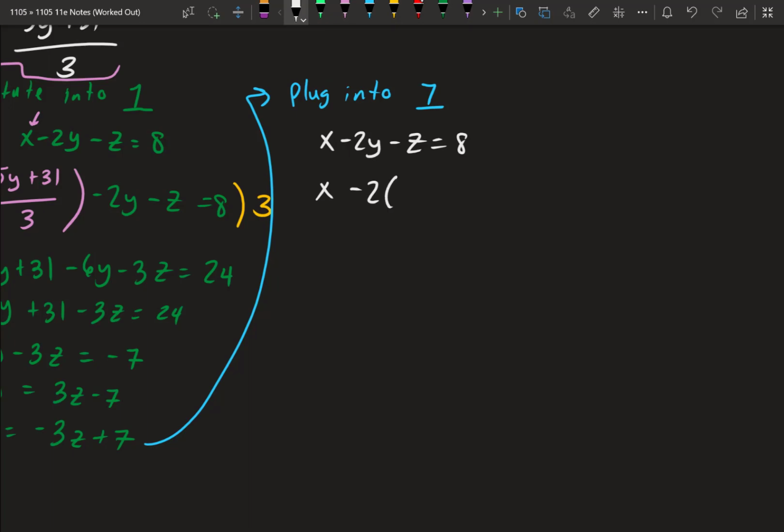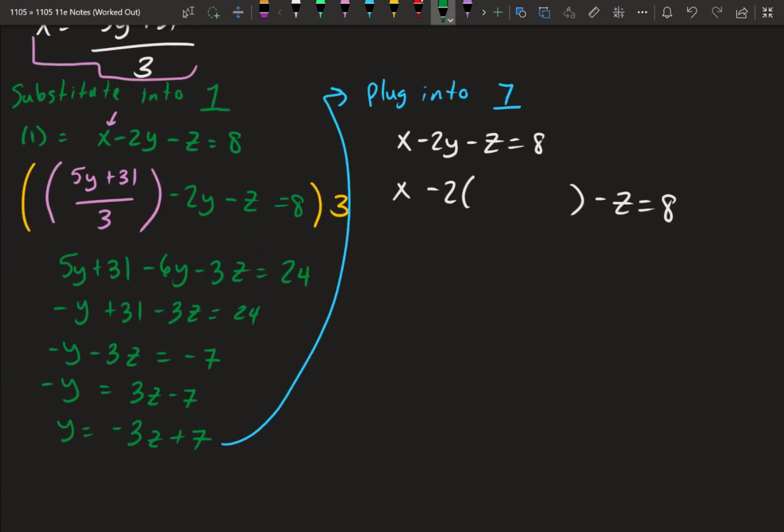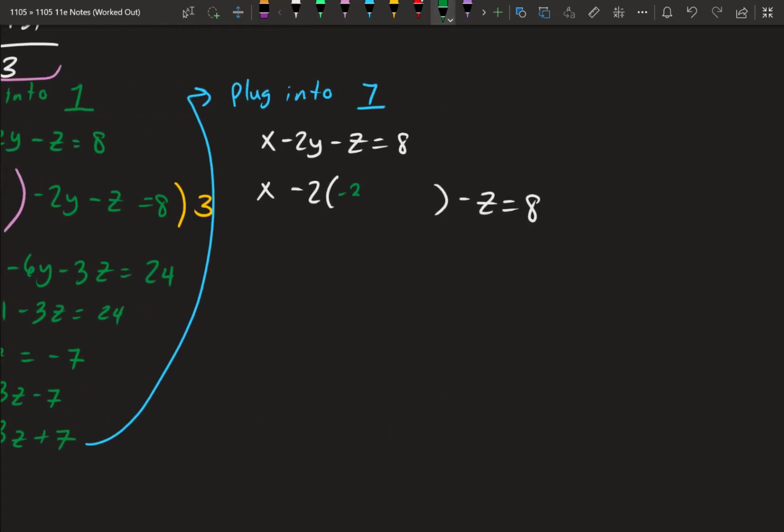And the y we just found was negative 3z plus 7.